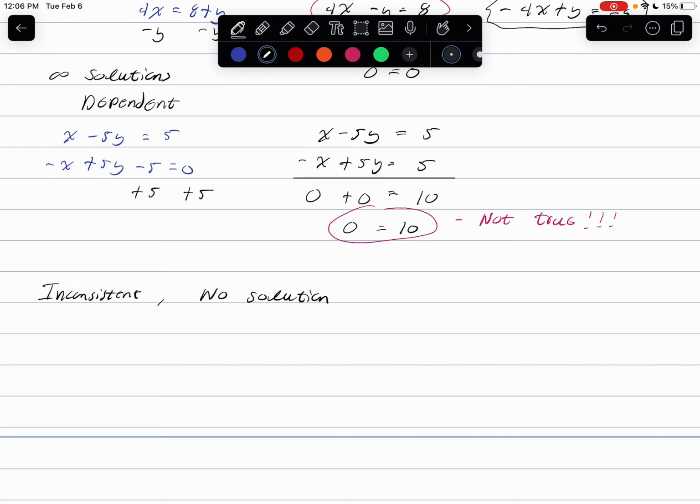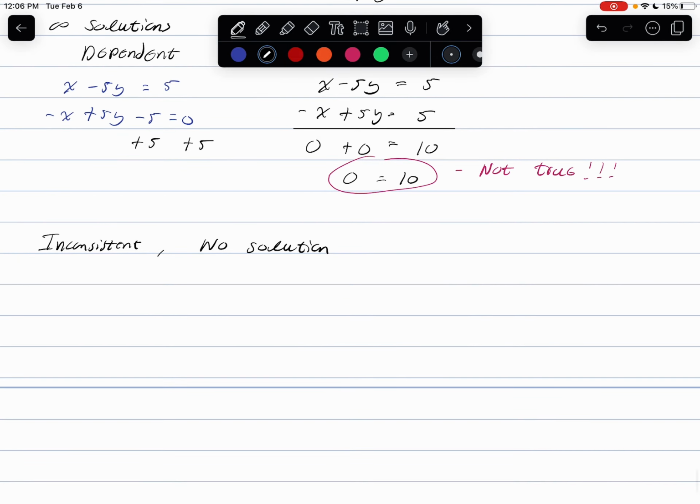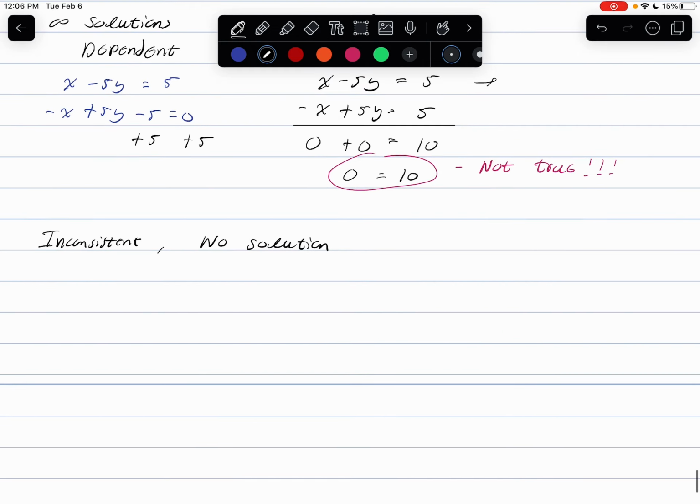So if you remember, what would be another way we could confirm that these lines are inconsistent? One way to do this would be to see if they have the same slope and a different y-intercept. So let's do that just for fun, just to do a little callback here. So if we solve this top one, we have x minus 5y equals 5.